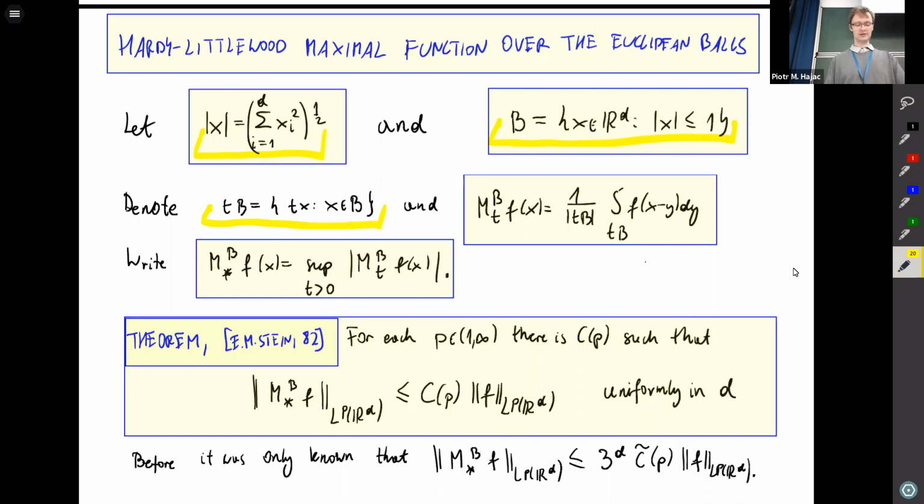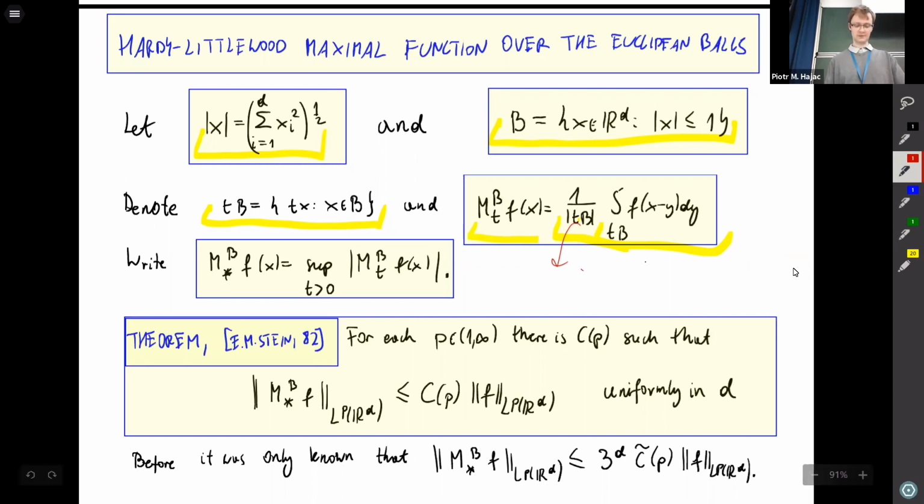Now the important part, M_t f is the average over tB. I use the word average because I normalize by the Lebesgue measure of the set, so that this is really an averaging operator. For example, if you take f equal to 1, then this operator gives 1.